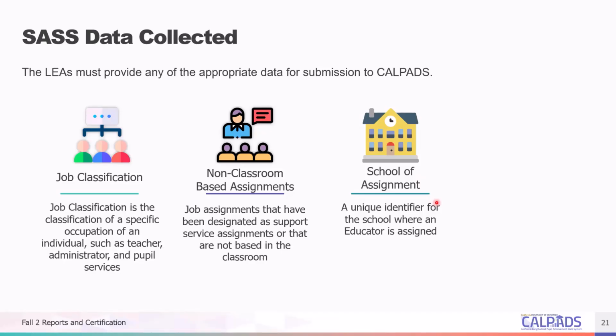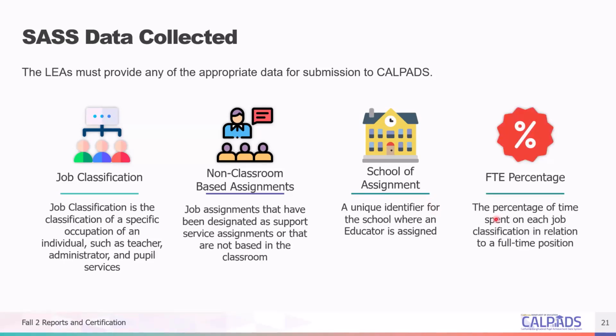So just as your students are enrolled in the actual school, so you have your school of enrollment, staff are also reported through the school of assignment. So if you have itinerant teachers who may be assigned in multiple schools at your district, you have to report each of those staff assignments reflective of the school that they are assigned to.